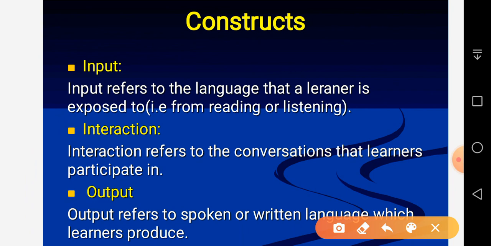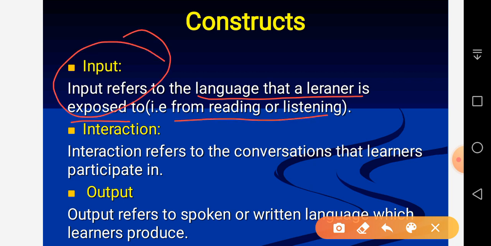Unless you receive input in the form of listening or reading, you will never be able to produce or give output. So what is input? Input refers to the language that a learner is exposed to, that is, from reading or listening. You must know what input is. Input means the language which you are exposed to in the form of listening or reading.